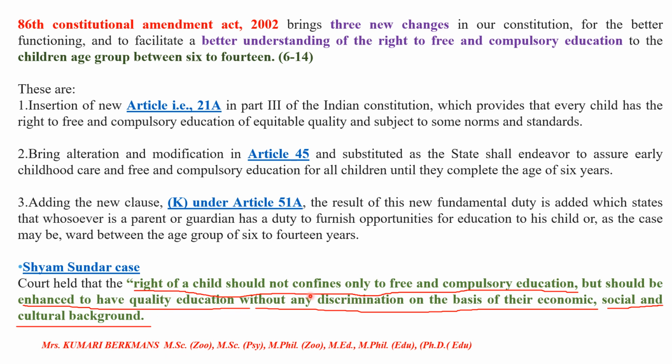Okay, the right of a child should not be confined only to free and compulsory education, but the quality of education should be enhanced, and there should not be any discrimination on the basis of economic, social and cultural background. Okay, this is by 51A after the Shyam Sundar case.